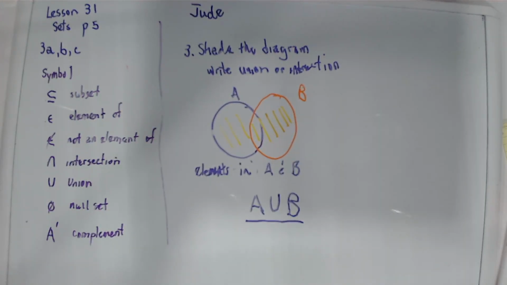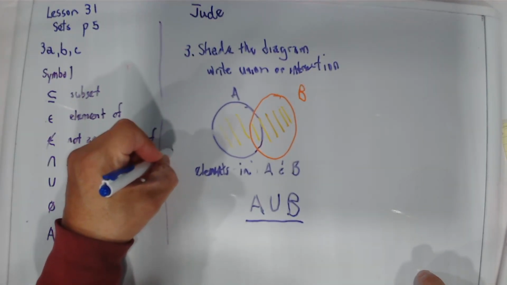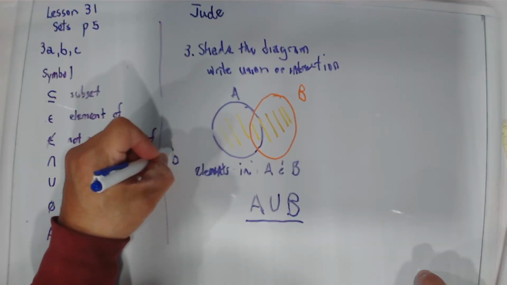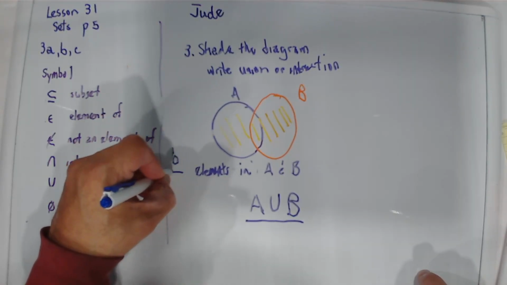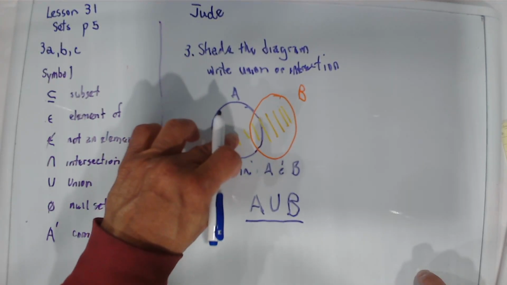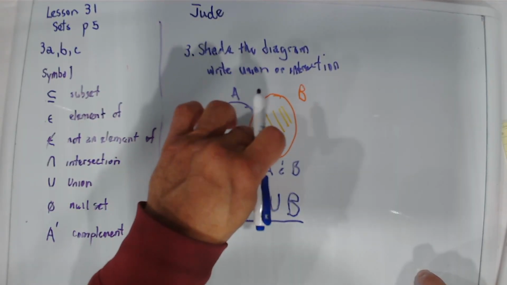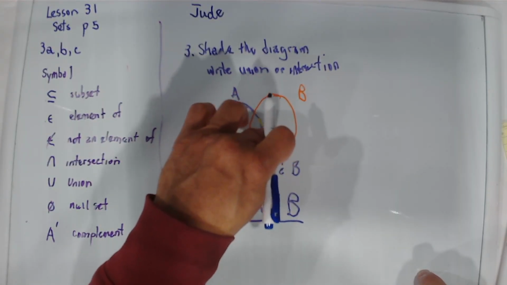Now, okay, so the next one is similar. They want the set, this is going to be B, that was A, this is going to be B, and I'm going to erase this here.